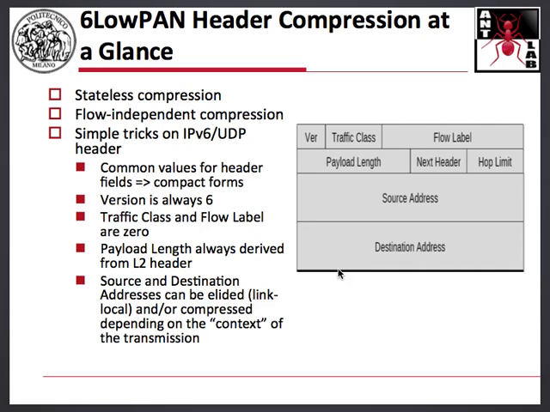The second reason is to avoid what is called cross-layering. What I've told you, eliding this payload length because we know it by looking at layer 2 information, is a cross-layer kind of operation, in the sense that information which is available at layer 2, the frame size, must be made available at layer 3, at the IPv6 layer instance.